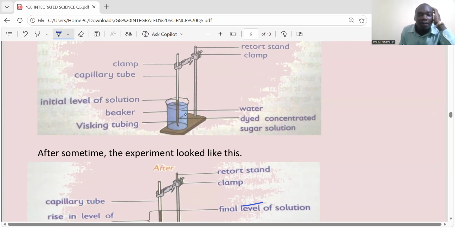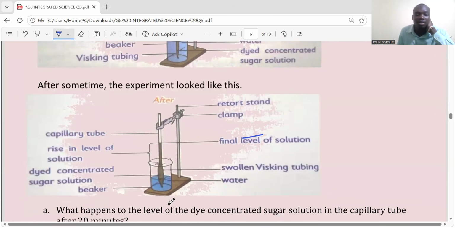So water from the beaker entered through the visking tubing onto the capillary tube to increase the volume. This means that water moves from the region of high water concentration to the region of low water concentration.